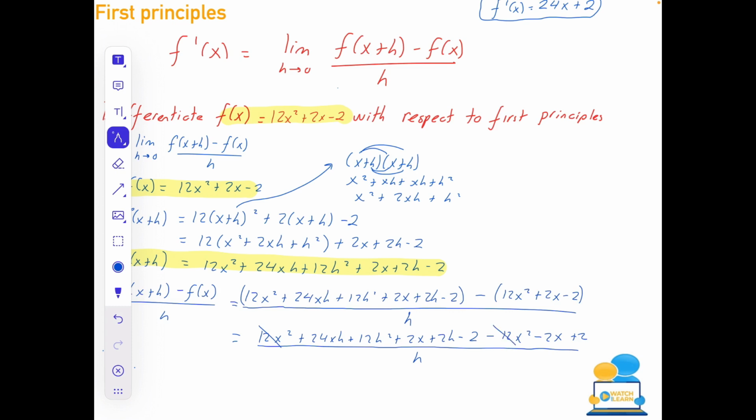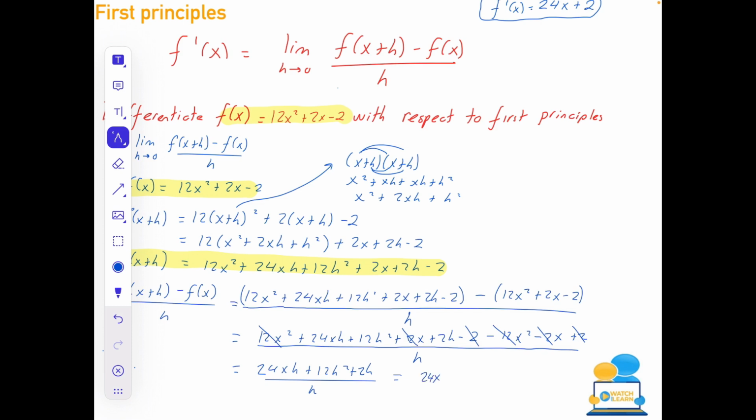So we have 12x squared and a minus 12x squared. Other things should cancel out. We have a minus 2 and a plus 2. And we have a 2x and a minus 2x. Which leaves us with 24xh plus 12h squared plus 2h, all to be divided by h.